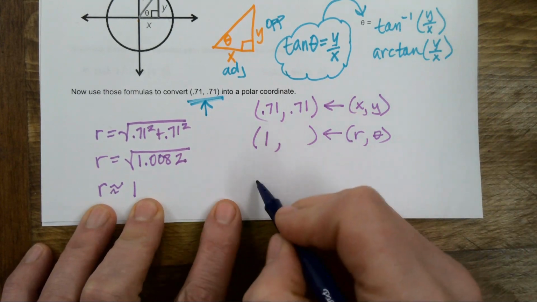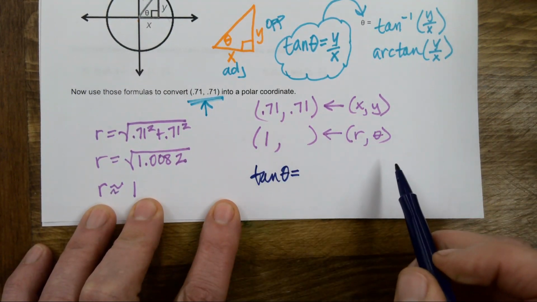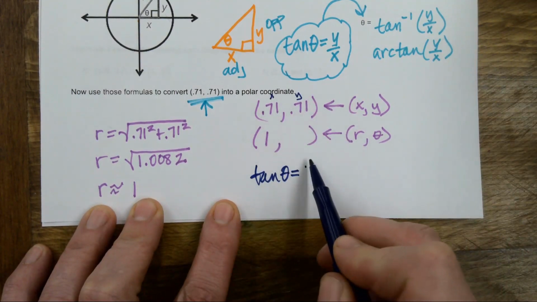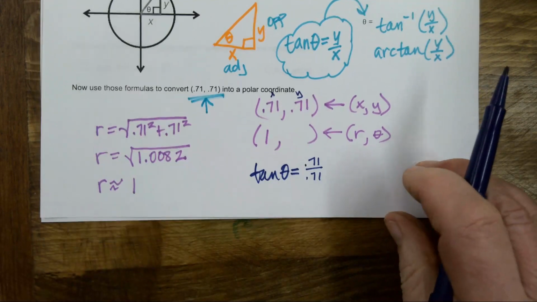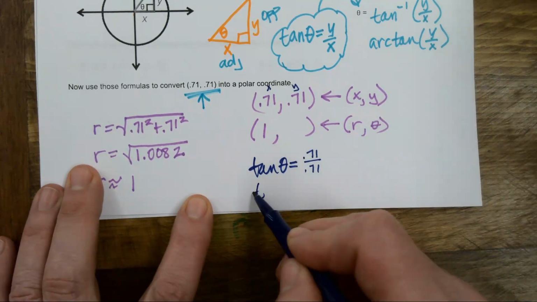So the tangent of theta can be found by putting the y coordinate, here's x, here's y, the y coordinate, 0.71 over 0.71. And then solving for that.